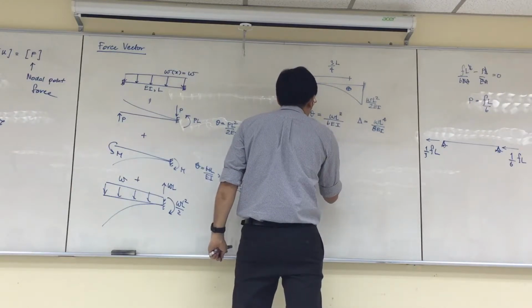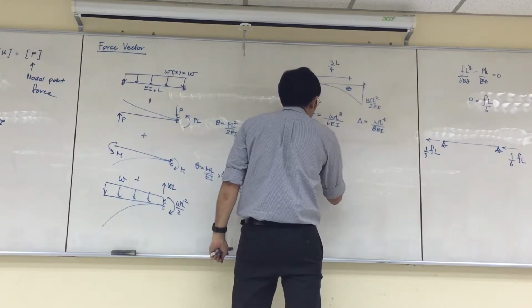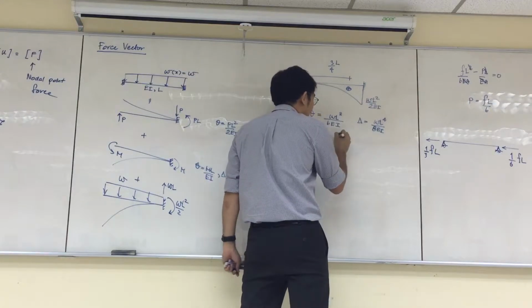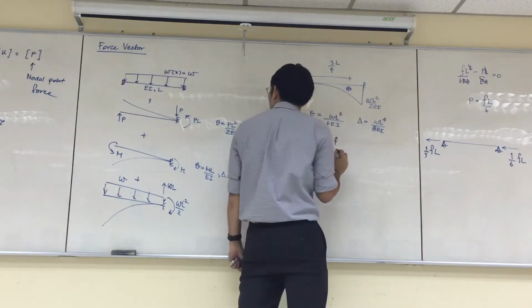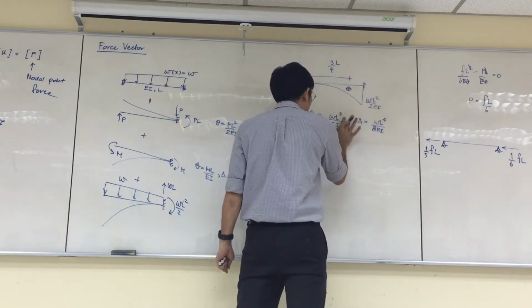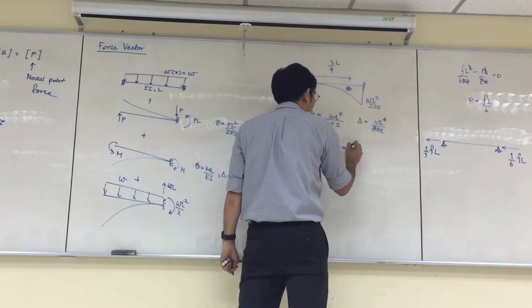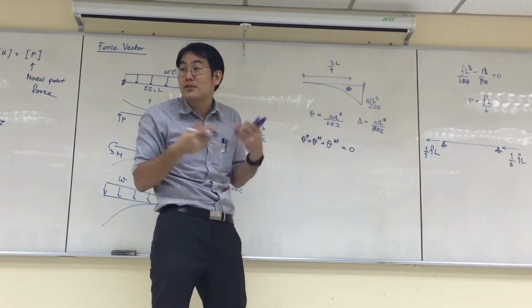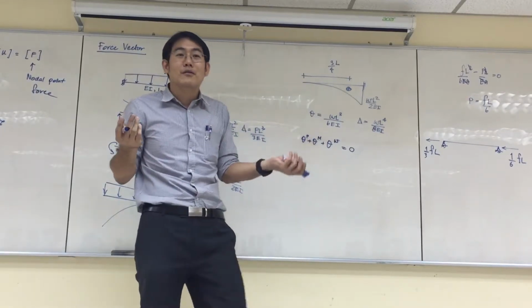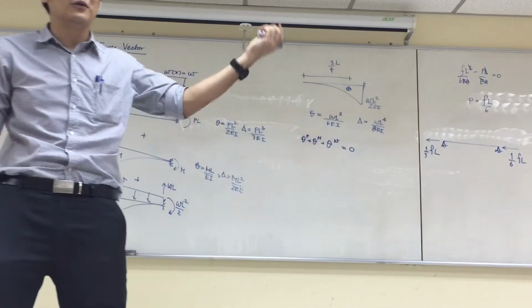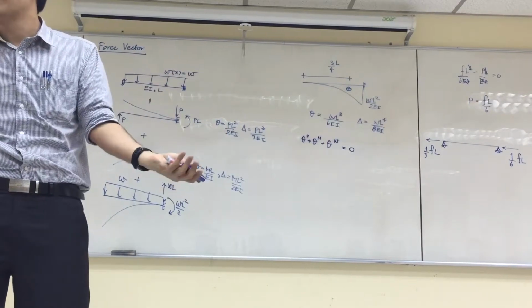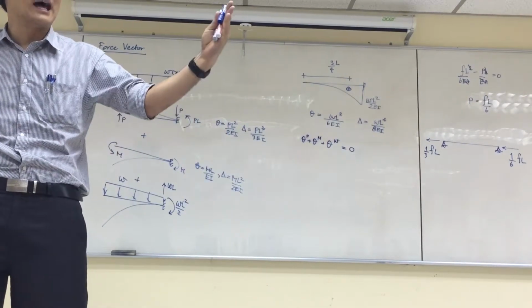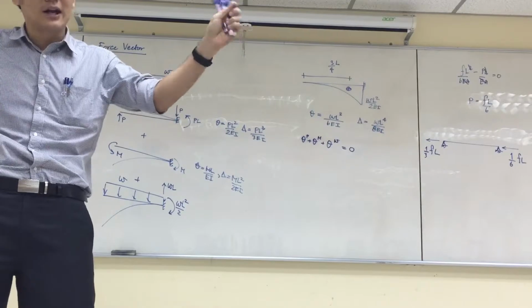Theta P plus theta M plus theta as the effect of the load, if you call it W, is equal to 0. So we just change the condition. This time, you don't have theta plus theta equals to U1 or U2, not anymore, because you don't allow any deformation at the nodal point.